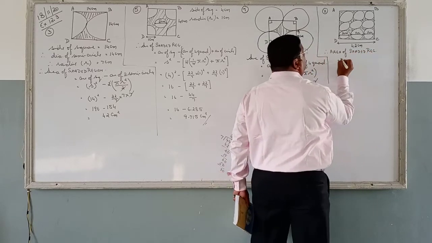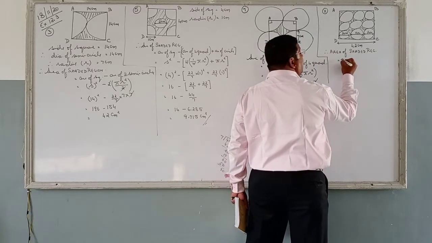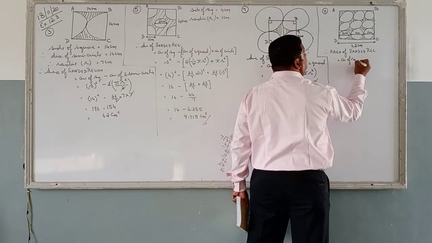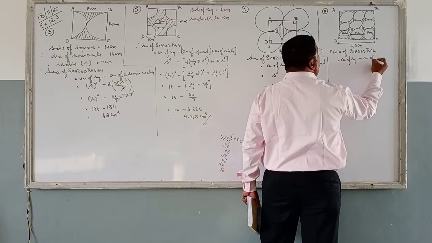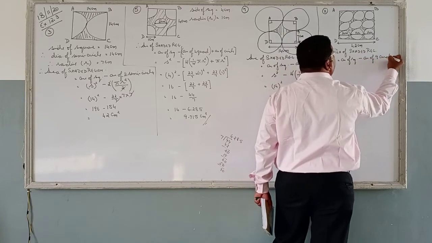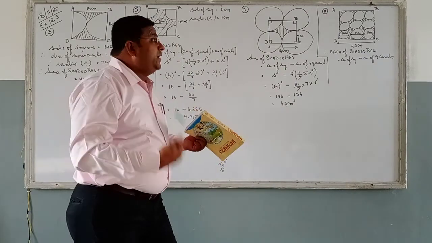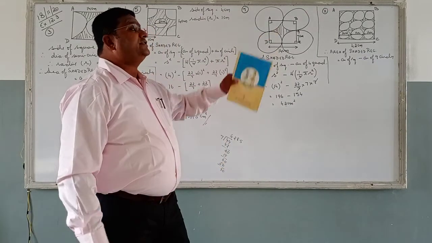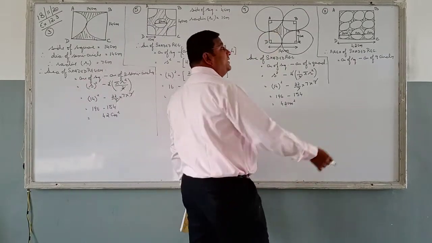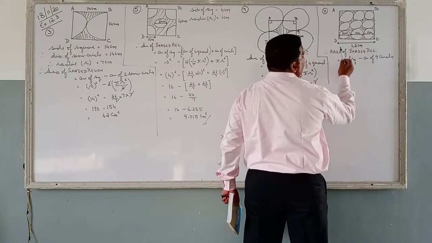Yes. So therefore, area of shaded region will be equal to what? Again, area of square minus area of 9 circles. Isn't it? The only problem there, the radius was given to us, so we calculated the side of the square was 42.